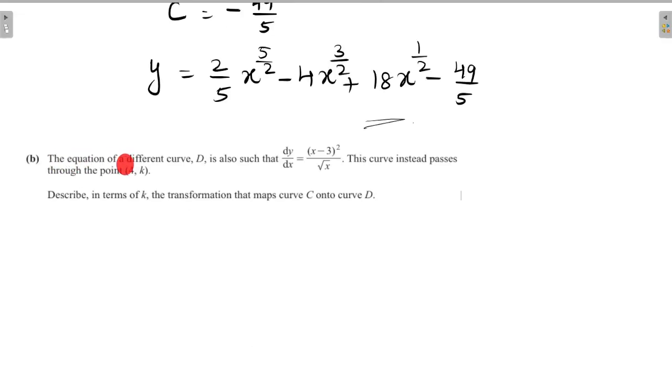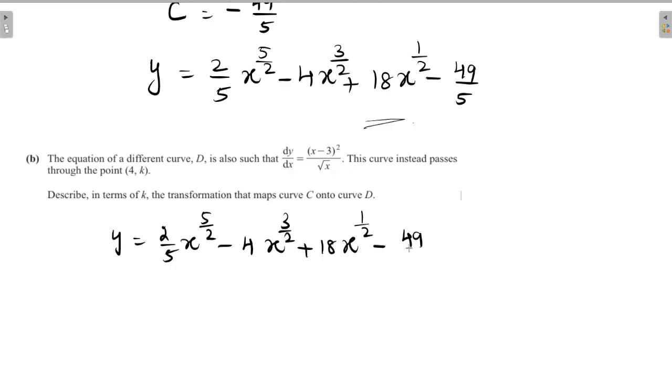Now, the equation of the different curve D, another curve which passes through the point (4, k). The first curve C, which passes through (4, 7), is y = (2/5) x^(5/2) − 4 x^(3/2) + 18 x^(1/2) − 49/5.